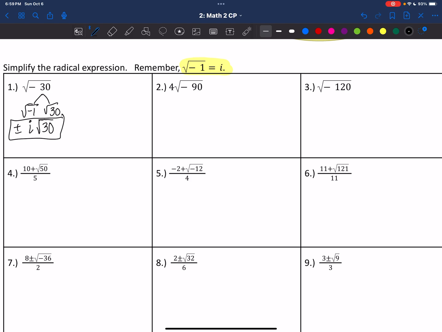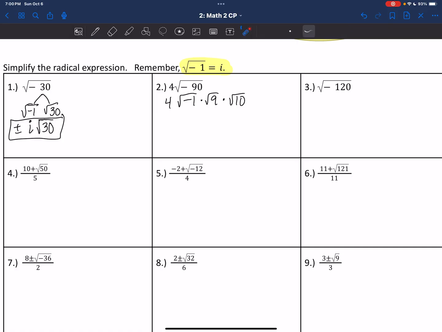All right. For number 2, you have 4 outside of the radical, square root of -90. So let's break down 90. I know that has a -1 in there, and I also know there's a 9 in there, and there's a 10. And then of course we have 4 out front. So let's go ahead and simplify.